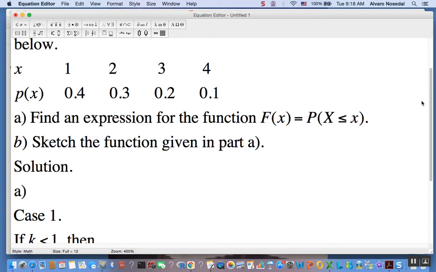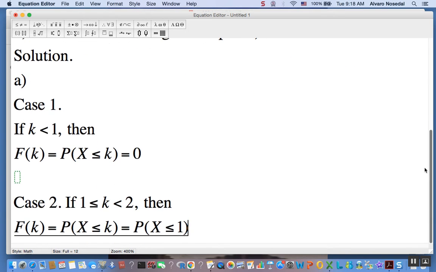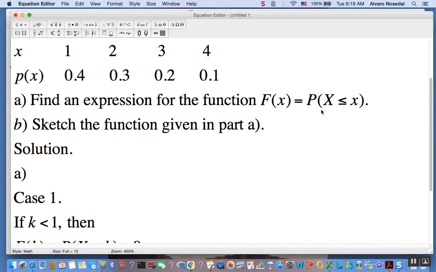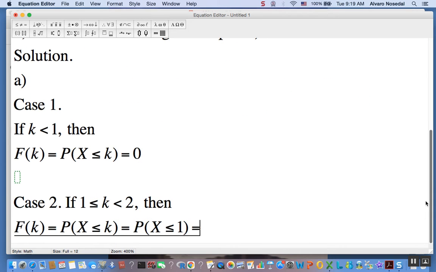It would be the same if k was 1.7 or 1.8. The probability of x being less than or equal to 1.8 is the same as the probability of x being less than or equal to 1. And that probability happens to be just 0.4. Make sense?